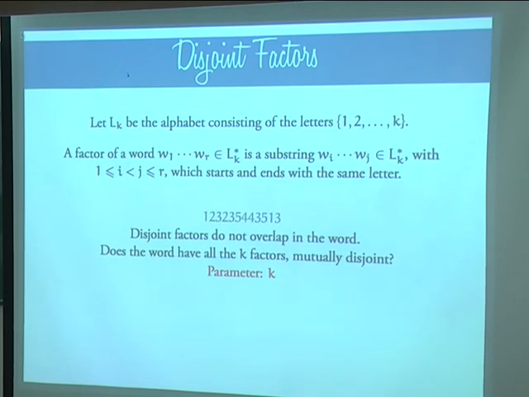Okay. Can we think of a simple FPT algorithm for this first? We are interested in finding factors starting and ending at every one of the k characters, and they all have to be disjoint.